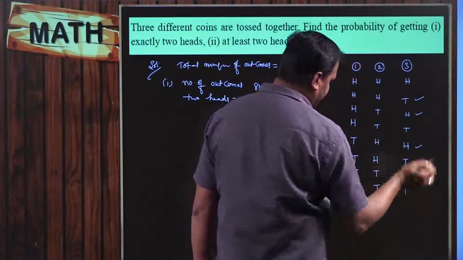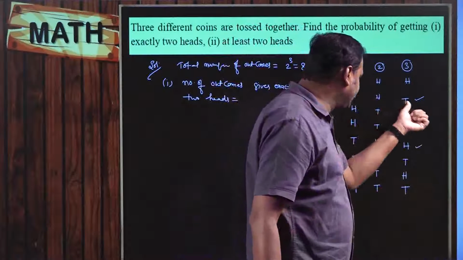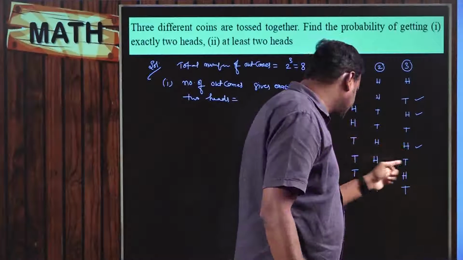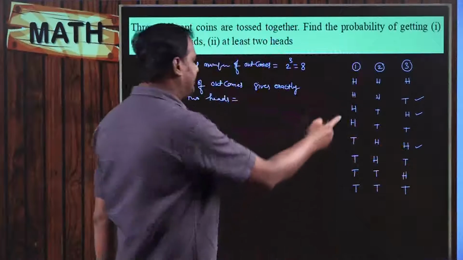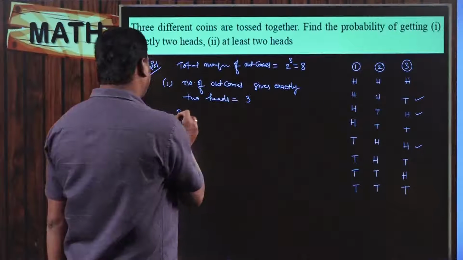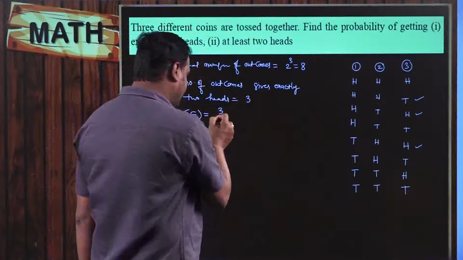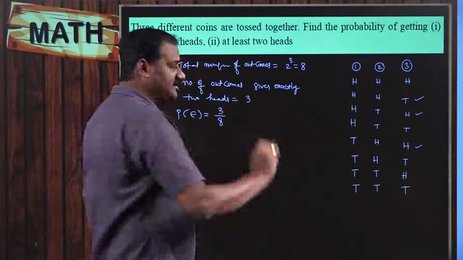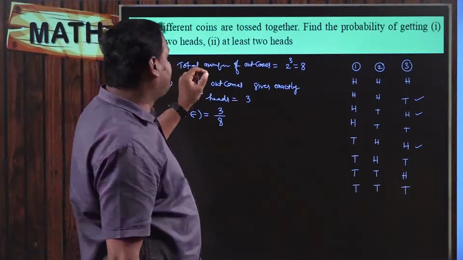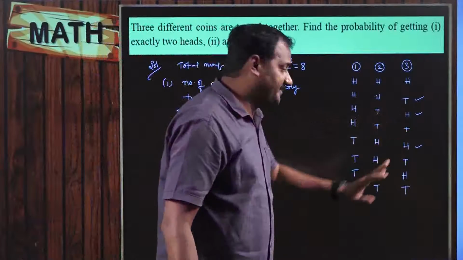Here not, here not, here not. So exactly two heads can be identified in this event, as well as in this event and this event. Here no. So exactly two heads appear in three events, right? Therefore, the probability of getting an event is equal to the number of favorable outcomes, 3, divided by the total number of outcomes, 8. So 3 divided by 8 gives the probability.